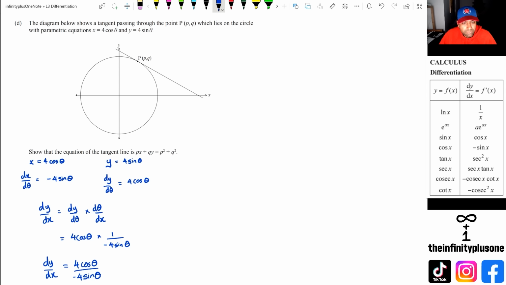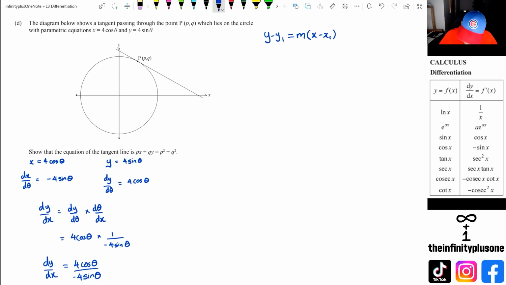So the first thing that we need for the equation of a tangent line is a point. So if you think about it like this, you've got y minus y1 equals m times x minus x1. Now we've got y1 and x1 because y1 and x1 is just p and q.